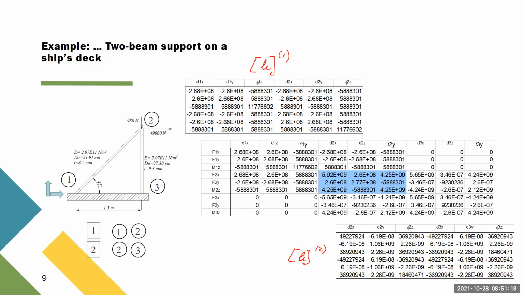And then we combine. This is something that we have done many times, okay? So this part here is for this matrix here, and this part here is from the second element.